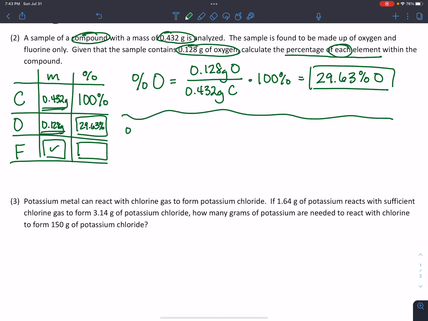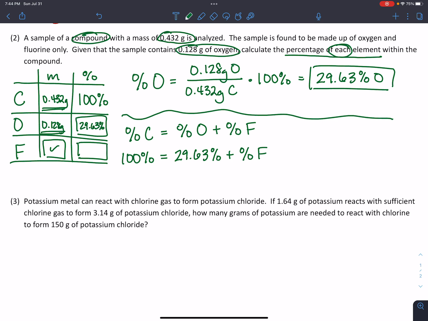The percentage of a compound is always going to be equal to the sum of the percentage values for the parts. So in this case, the percent of the compound will be equal to the percent of oxygen plus the percent of fluorine. And for percent composition, that compound is always 100%. So if I take the 100% and set that equal to the percentage of oxygen at 29.63% and my unknown, which is the percent of fluorine, I can use algebra to solve for that percentage of fluorine.